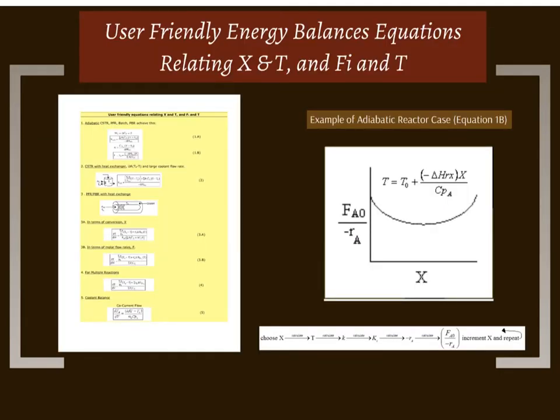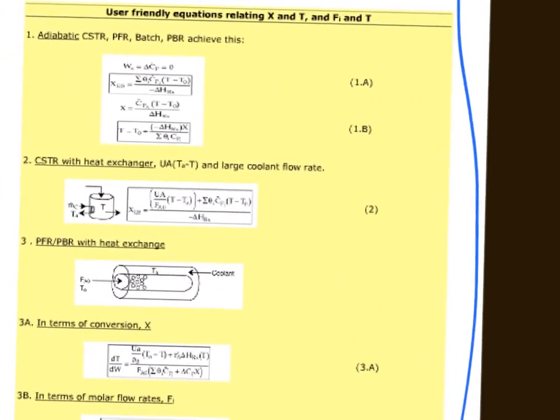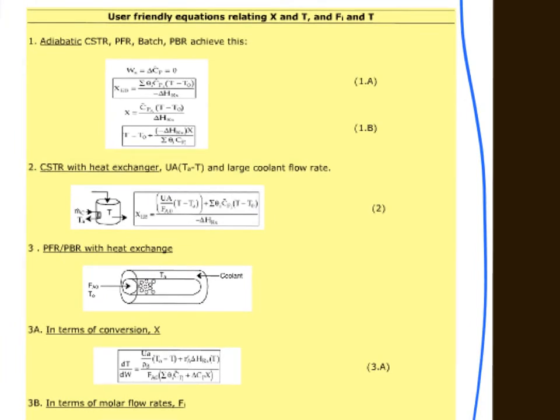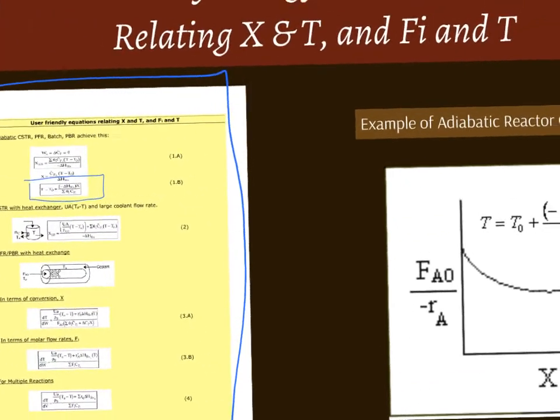There are lots of equations that we'll be using. I will go back to this part later, I will not look into it yet. But basically, if let's say we are observing this particular equation, equation 1b, this part, I'm trying to express this equation in terms of a graph.